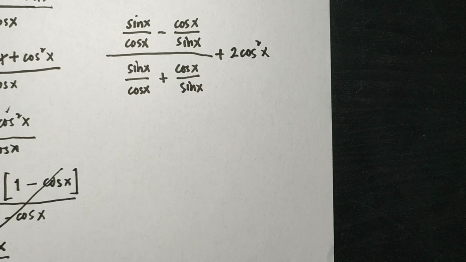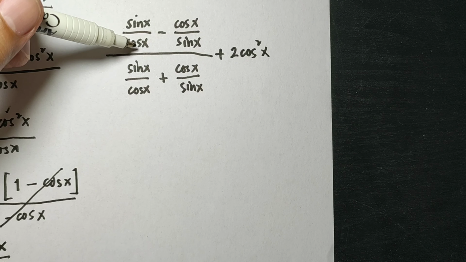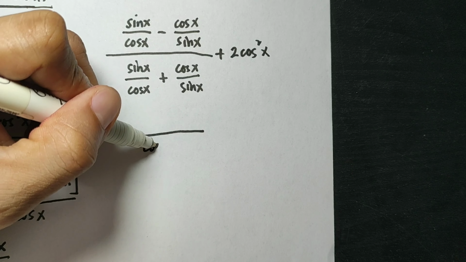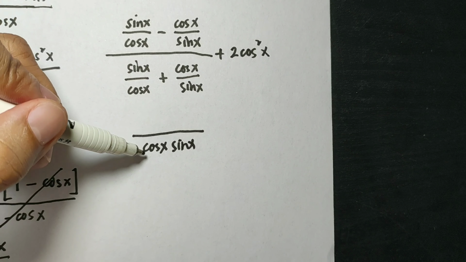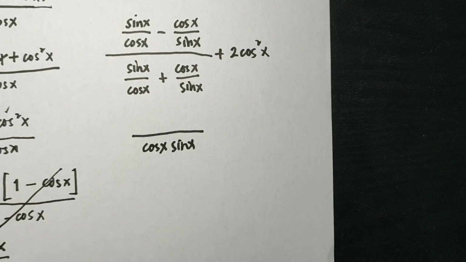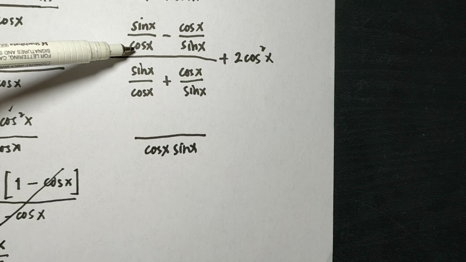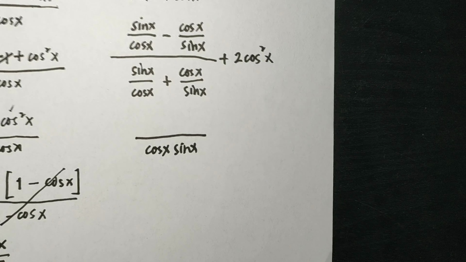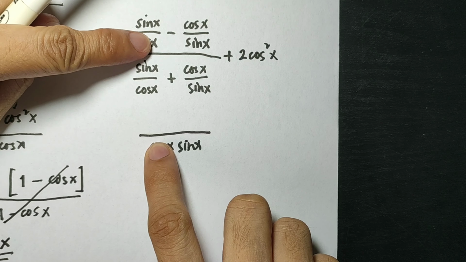So after doing that, we can combine this numerator by getting the LCD of cosine x sine x. So the LCD of this, we have cosine x sine x. So this will be the common denominator. So cosine x sine x divided by cosine x. If you divide this cosine x sine x by cosine x, this cosine will be cancelled, the cosine x and the other cosine x there.